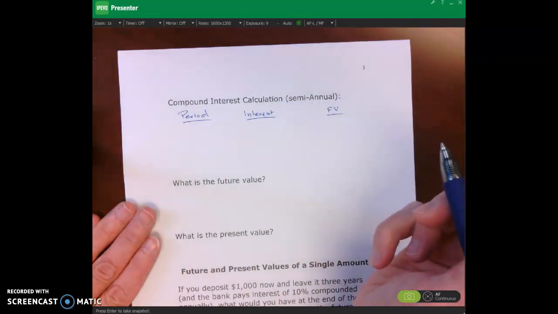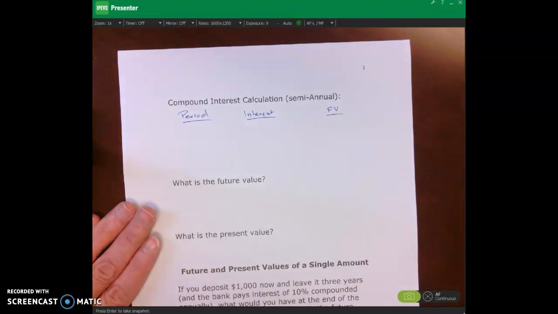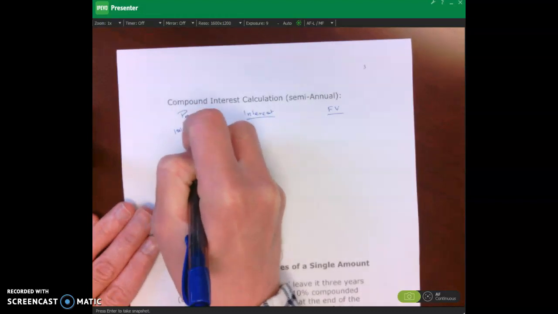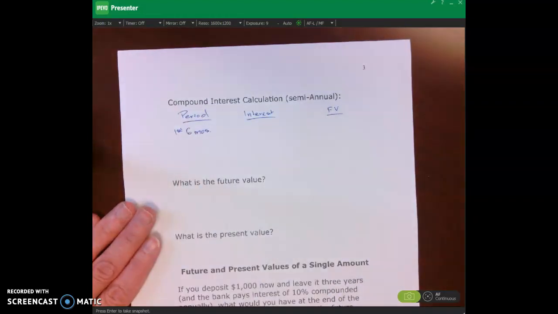I'm going to do the first year and a half of this calculation to give you an idea of what's going on, and I think that gives you the gist just because I'm running out of room here. In the first 6 months, why is it 6 months? Because it's semi-annual, so every 6 months it's going to compound.